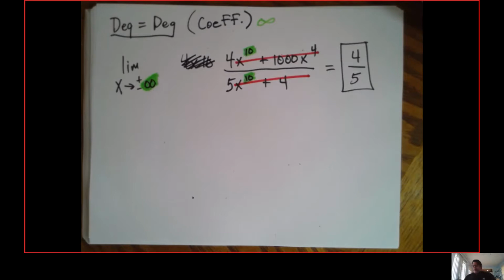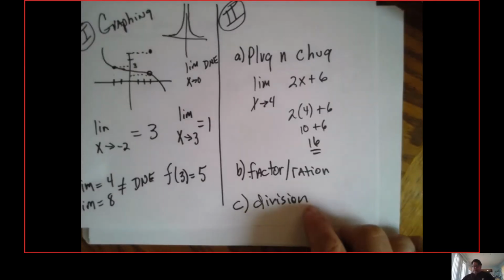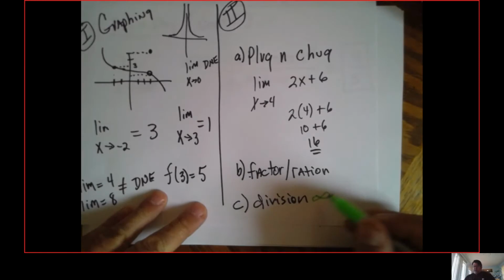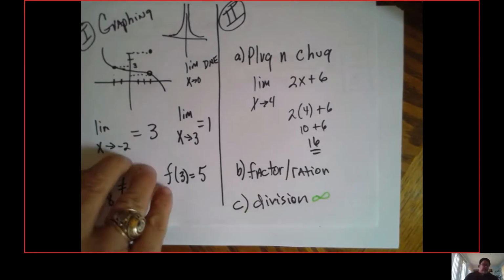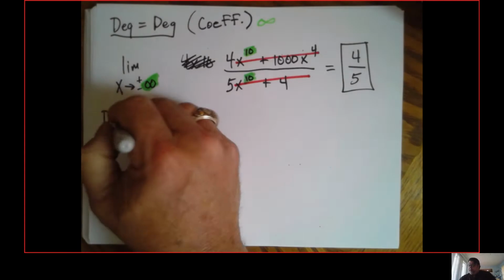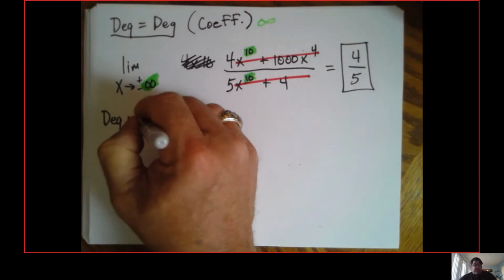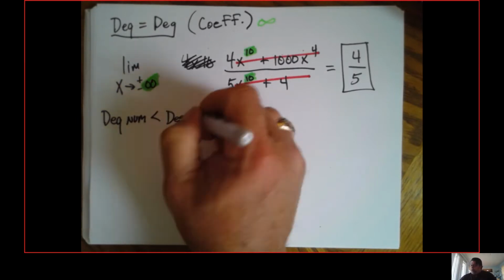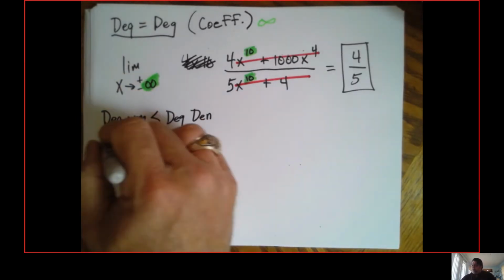And that's really the third part. What I showed you a while ago, right here, when you're dealing with division, that's usually the ones where you're going to be dealing with infinity. So this is the third part. What if the degree of the numerator is less than the degree of the denominator? What do you do?